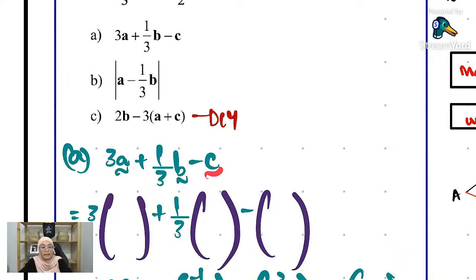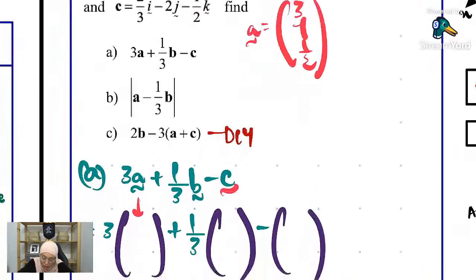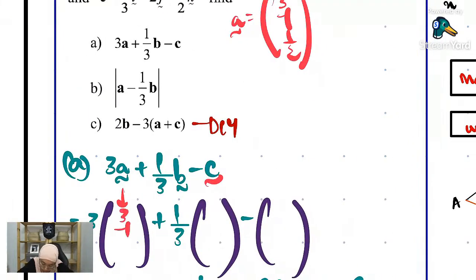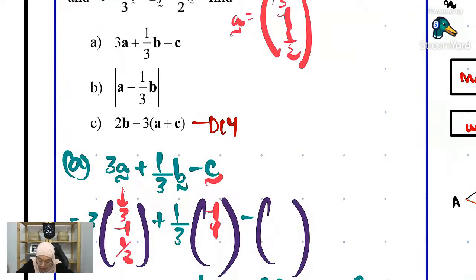Okay, right, so insert your vector A. So this is your vector A. I really like to write my vector A as 3, negative 1, 1 over 2. So I write it down here, 3, negative 1, and 1 over 2. How about my B? My B vector is negative 1, 4.